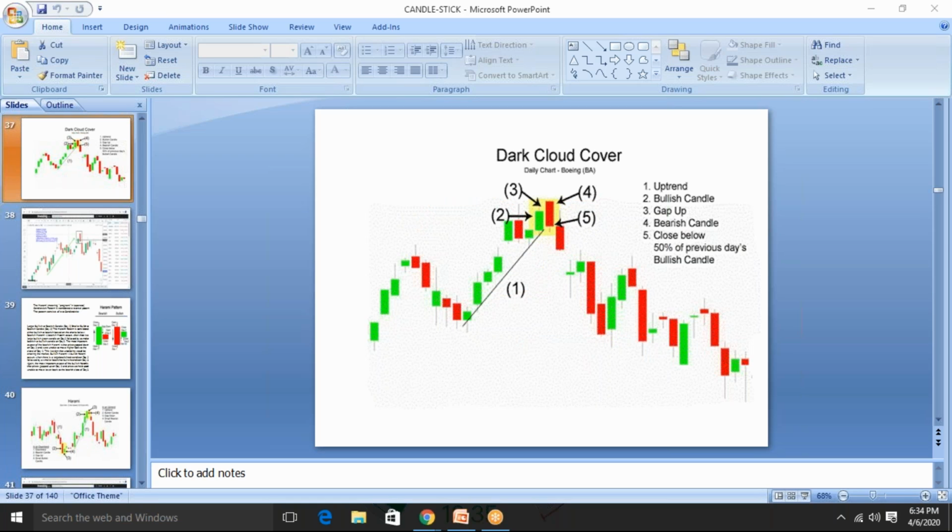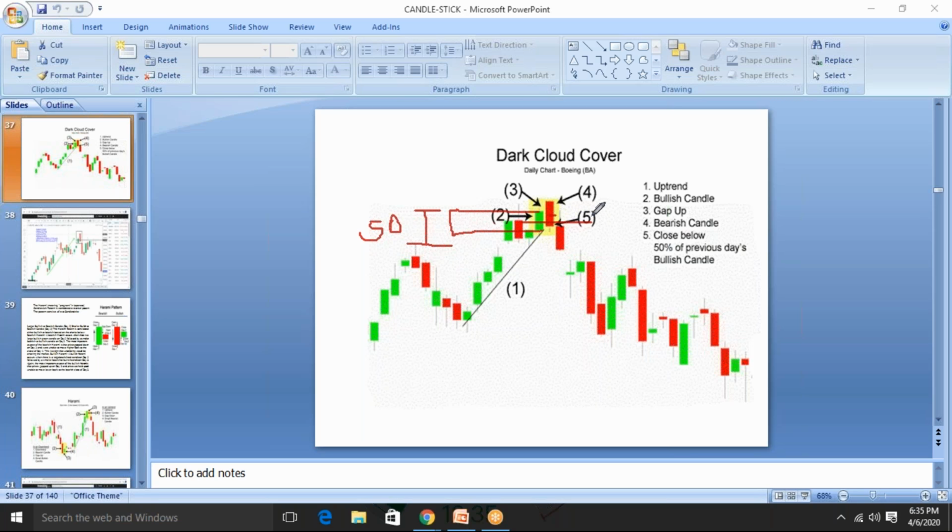What is the meaning of that? Suppose this candle's length is equal to 50 rupees. So the closing of this candle should be at least 25 rupees. This total length is 50 points, so 25 points is almost right here.